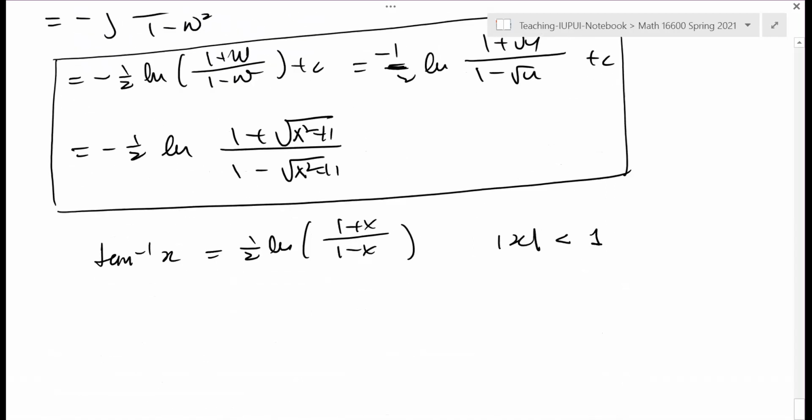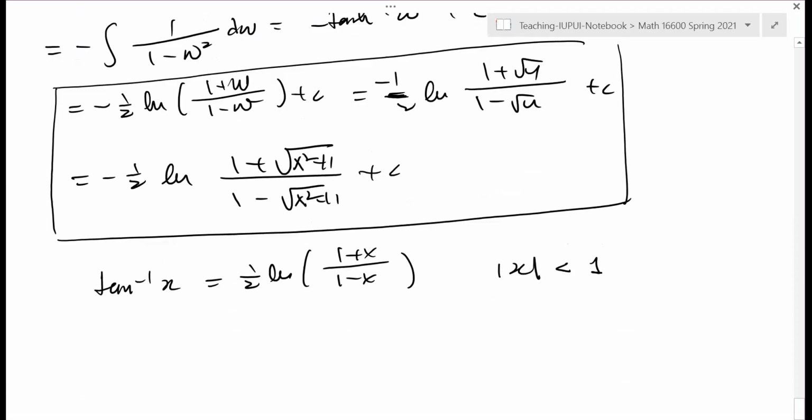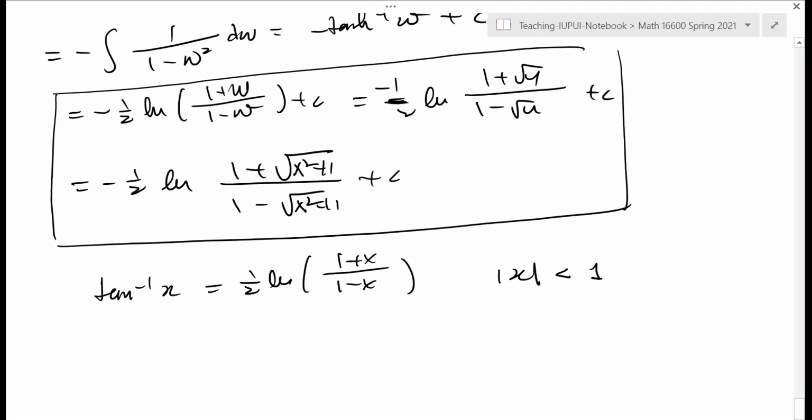So that's why you cannot apply the formula directly. But it turns out to still be true in the sense that we have to modify this a little bit.